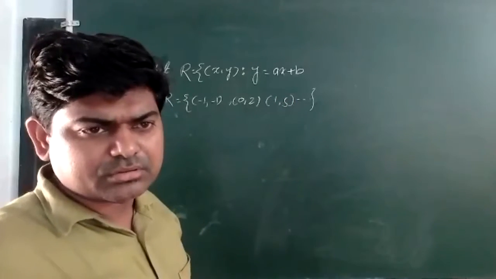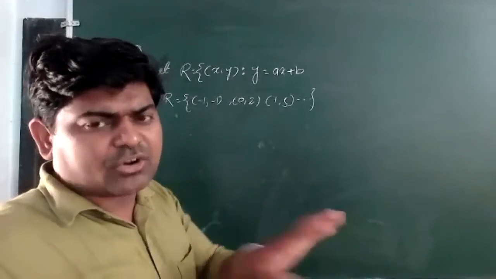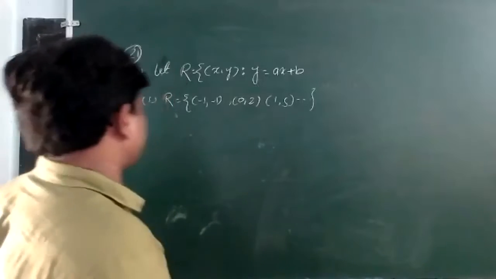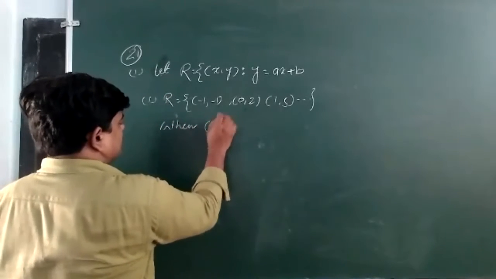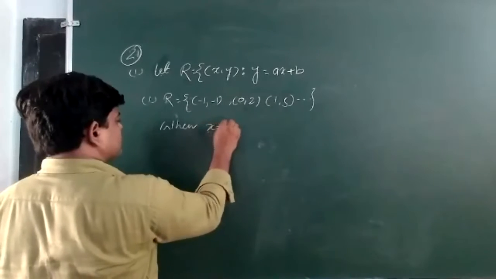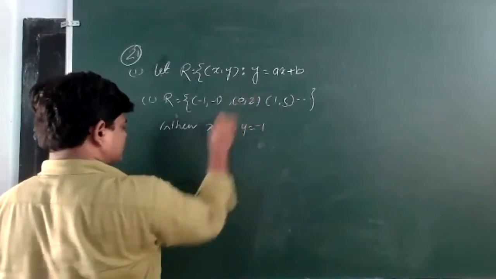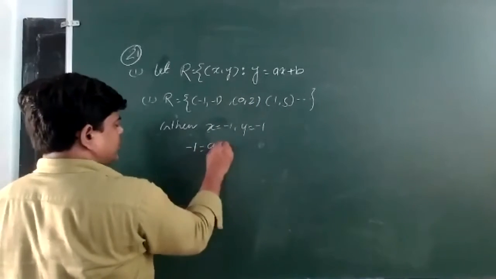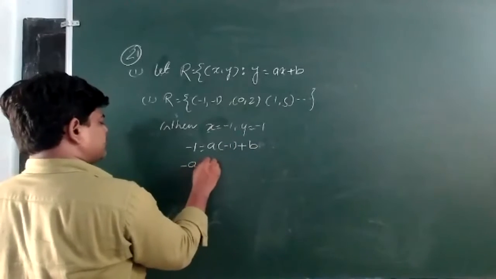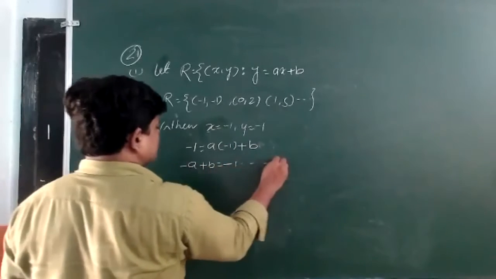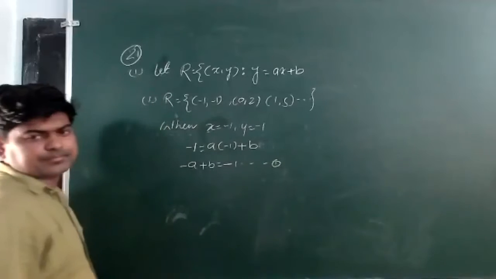Are you getting me? So we need not take all three, two is enough. I'll take x is equal to -1, y is equal to -1. So -1 is equal to A into -1 plus B. We have one relation: -A plus B is equal to -1. This is equation number 1.